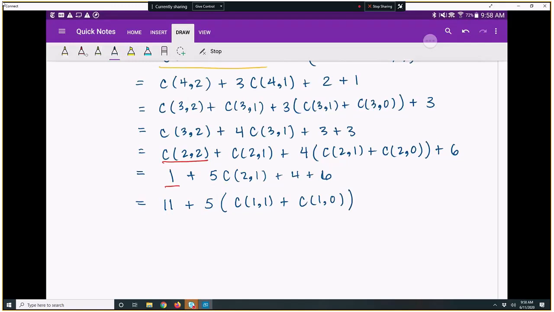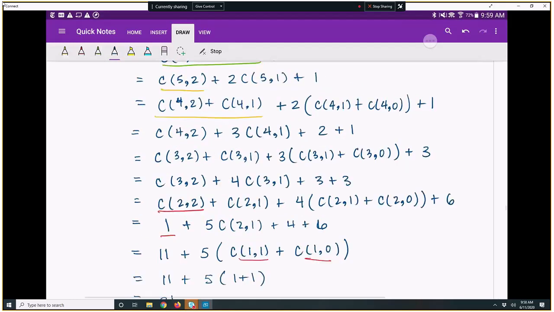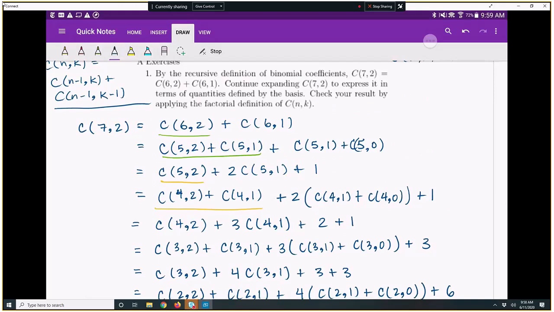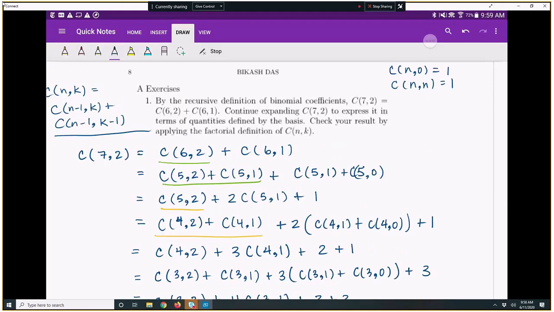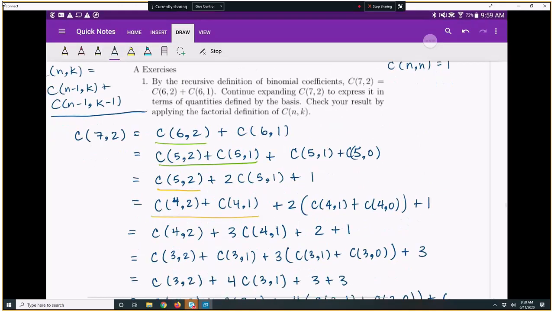And now these are both basic elements, so I can replace them each by 1. So this becomes 11 plus 5 times 1 plus 1, which is 5 times 2 is 10, 21. So all of this I needed to compute recursively 7 choose 2.